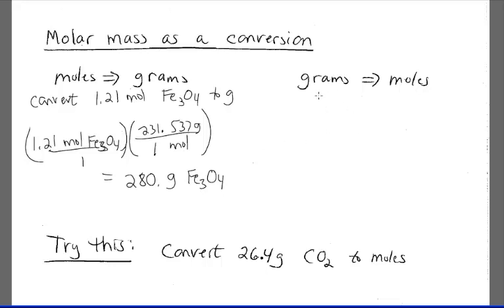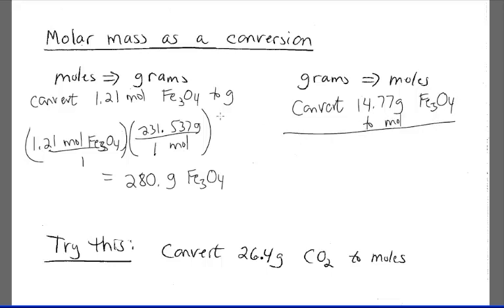All right, let's practice converting backwards. Let's say we have some amount in grams. We'll say 14.77 grams of iron 2,3 oxide. And so we will start with the number we're given, 14.77 grams.